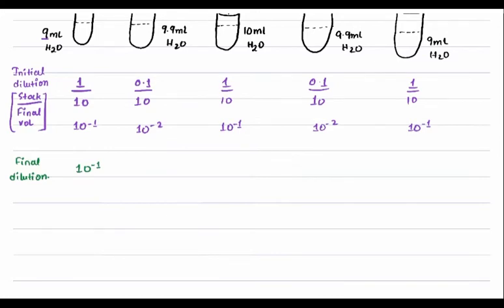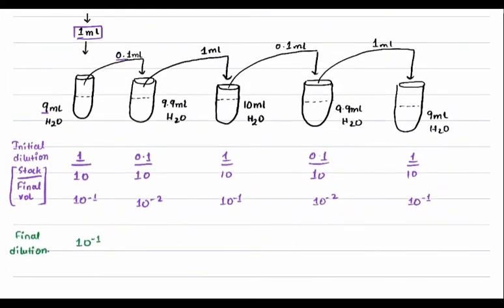So this is the same as the initial dilution. Now for the second one, since you are taking the second one from the first one and then you're diluting it, you're taking it from this sample and then you're diluting it.